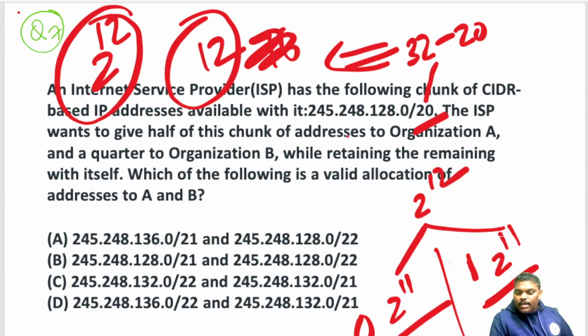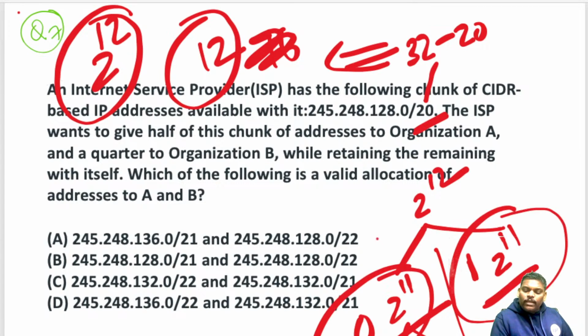Half of this chunk of IP addresses is given to A and a quarter to organization B. Quarter means 1 by 4. I think it is divided again, so either this one or this one is given to A.